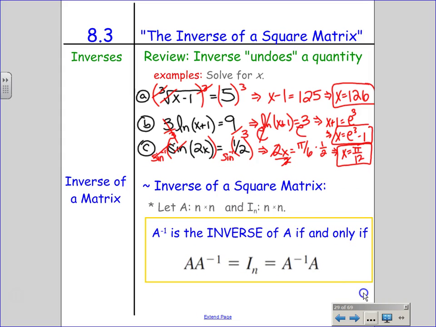It's like saying, how can a number be undone? Well, a number just is itself. So maybe it's not how a matrix can be undone, but how matrix multiplication can be undone. Inverses.